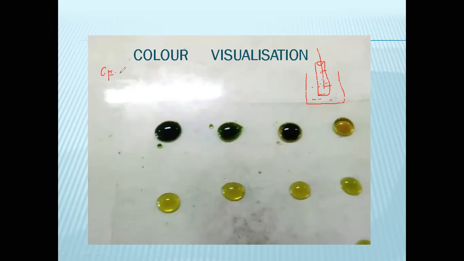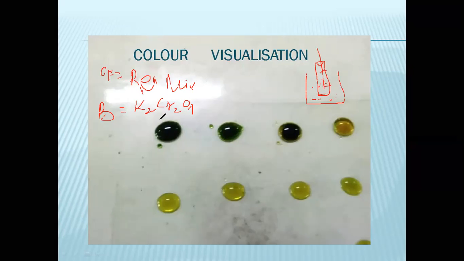In the conical flask you have taken the reaction mixture, that is nothing but 25 ml of Mohr's salt solution plus half a test tube of H2SO4.